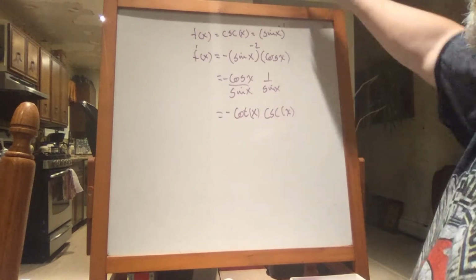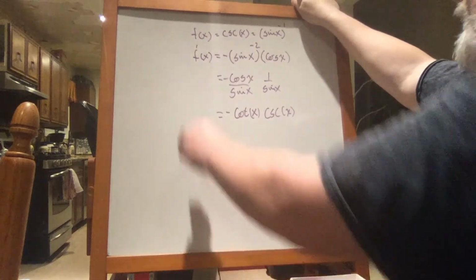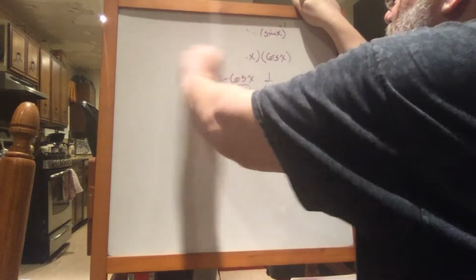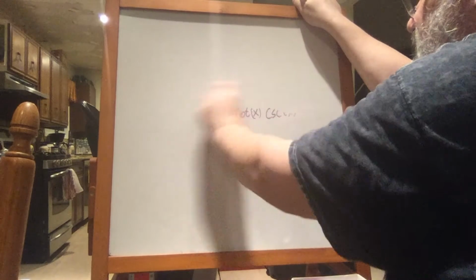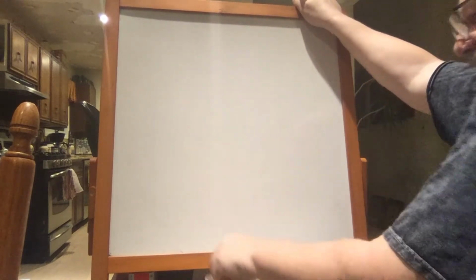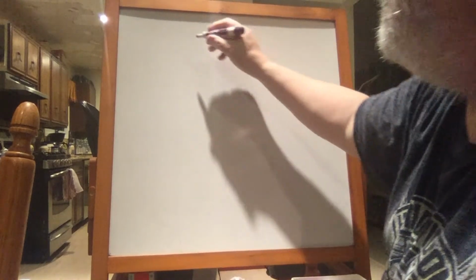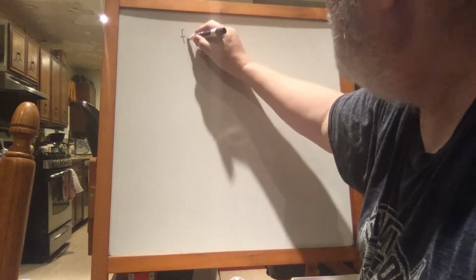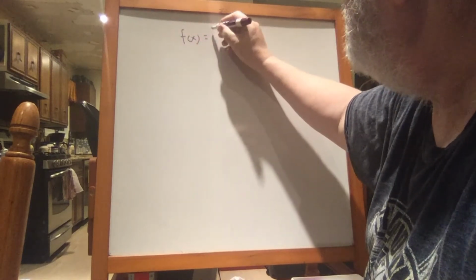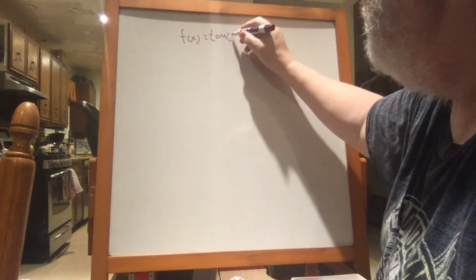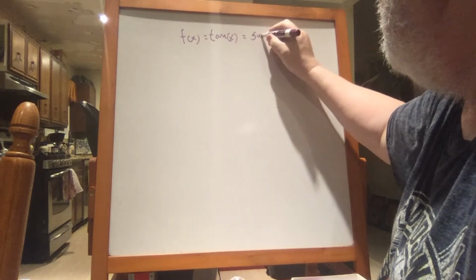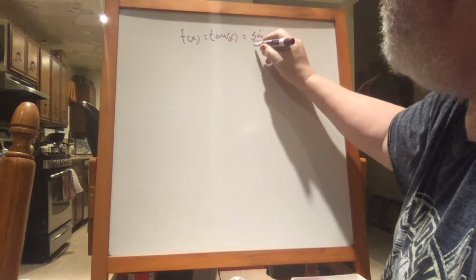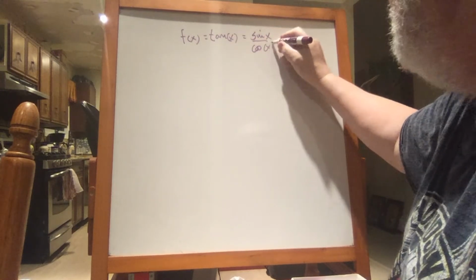All right, so we've done secant, cosecant, and now we'll take a look at the tangent function. When f of x equals the tangent of x, that's equal to the sine of x over the cosine of x.